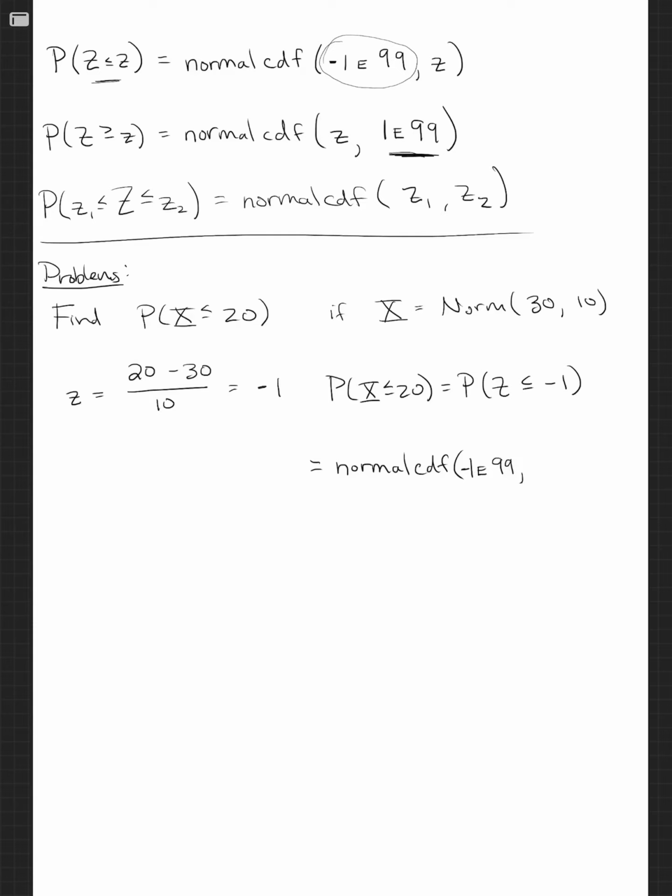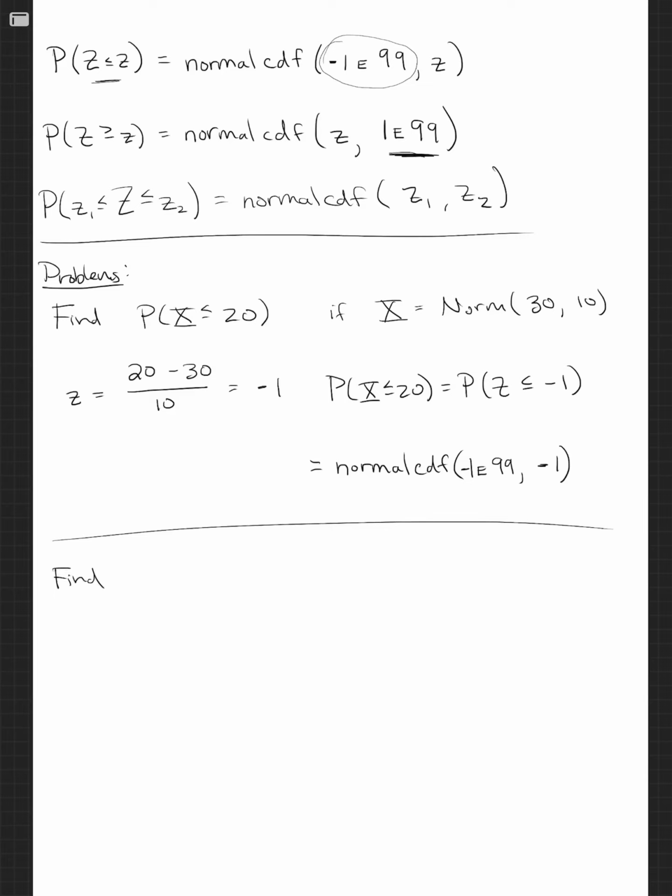This is normal CDF. We don't have anything smaller than z, so we're going to put -infinity there. And bigger than z, we want to stop at -1. So that would be how we would find that probability using our calculator and what we have now.